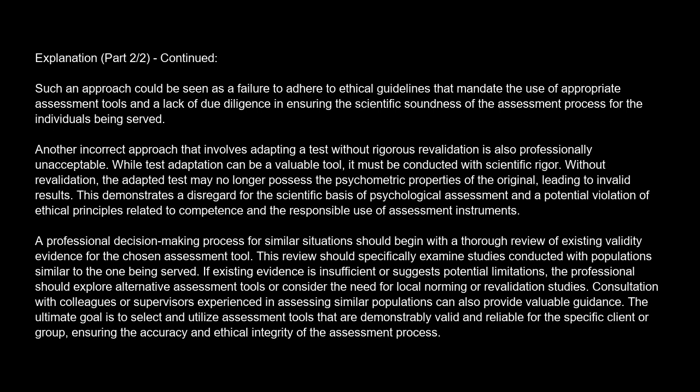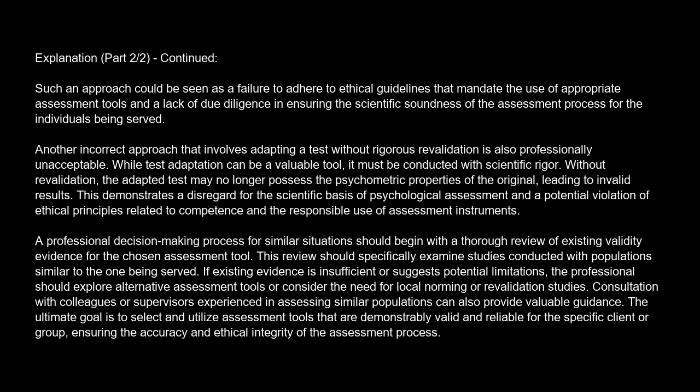A professional decision-making process for similar situations should begin with a thorough review of existing validity evidence for the chosen assessment tool. This review should specifically examine studies conducted with populations similar to the one being served. If existing evidence is insufficient or suggests potential limitations, the professional should explore alternative assessment tools or consider the need for local norming or revalidation studies.